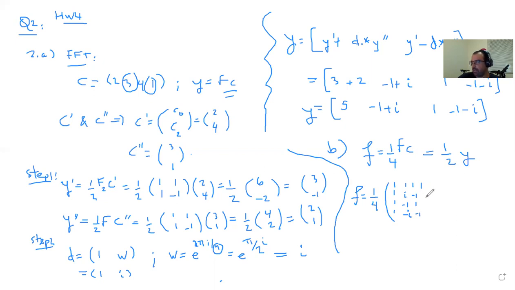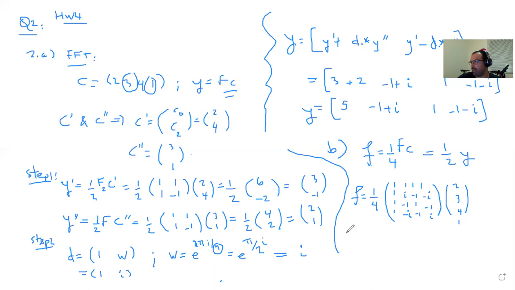And the fourth column, you're going to have minus i, minus 1, and finally i. So this is F4 multiplying 2, 3, 4, 1.